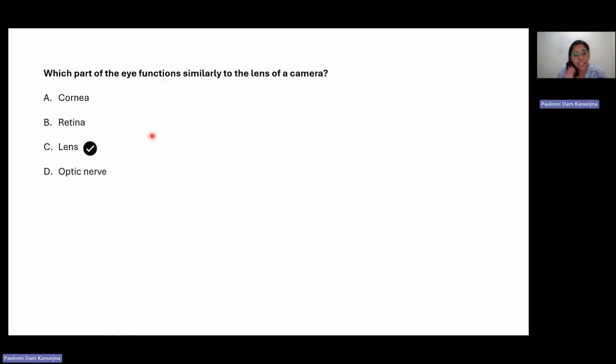The retina is the final sensor, which is not what a lens does. And the optic nerve, as we discussed, takes the information away from the device. So for a camera, the optic nerve would be equal to the USB cable that you use for transferring data. Okay. All right. Next one.